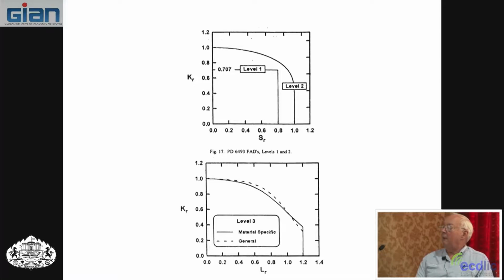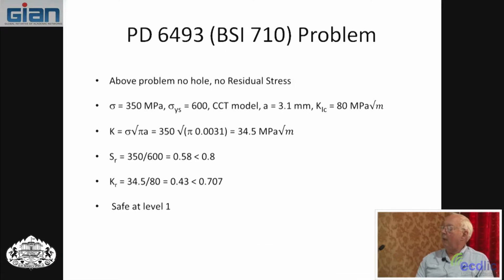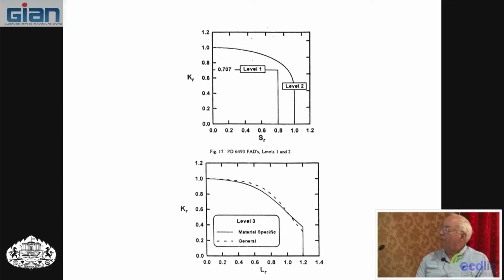So if you fit in here, you're okay. So I'm safe at level 1. I didn't put the point there, but 0.43 and 0.58 puts me about here. So somewhere right in, easily safe, and almost a safety factor of 2 there. It's very safe.